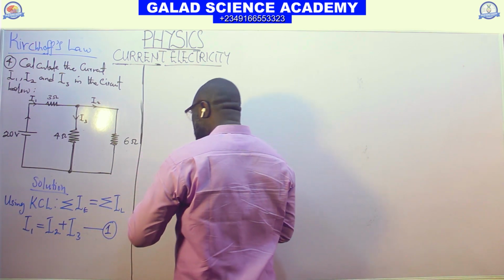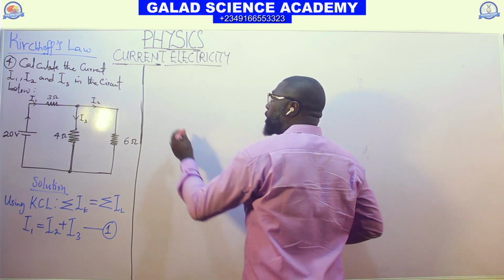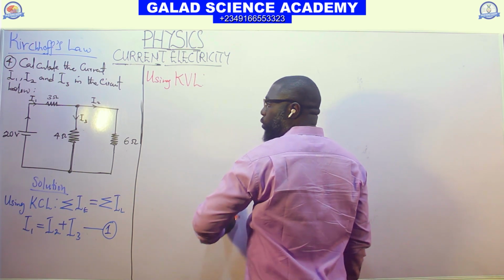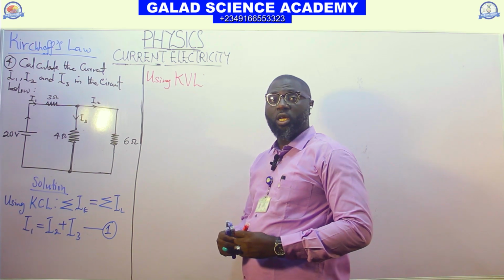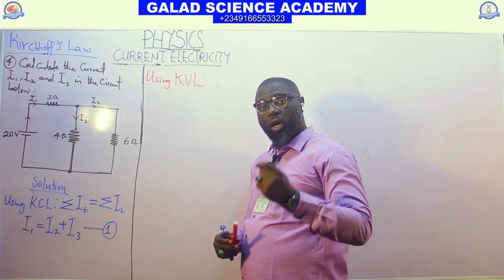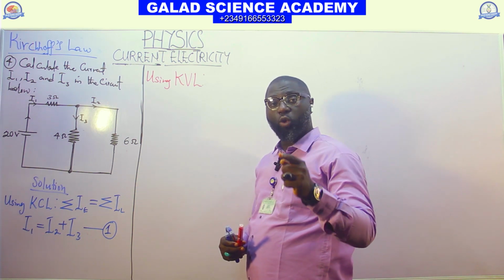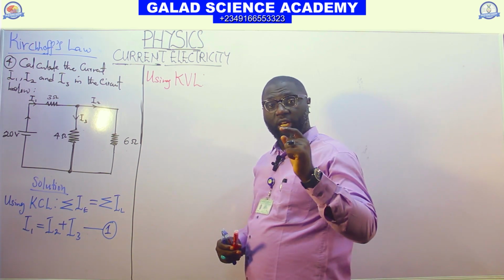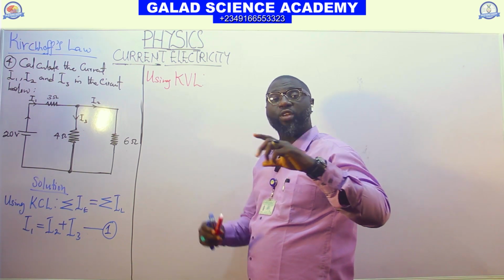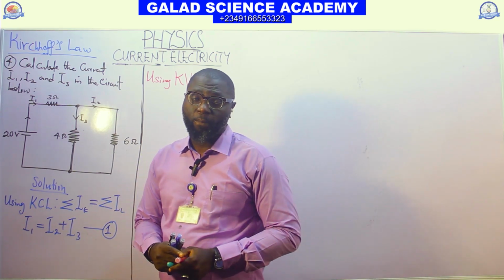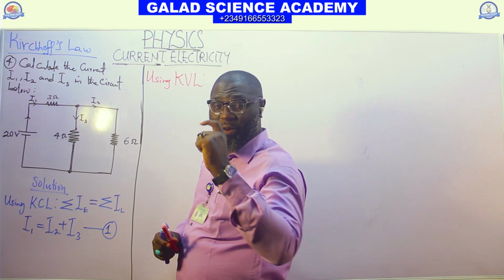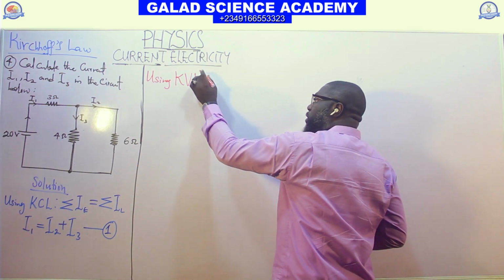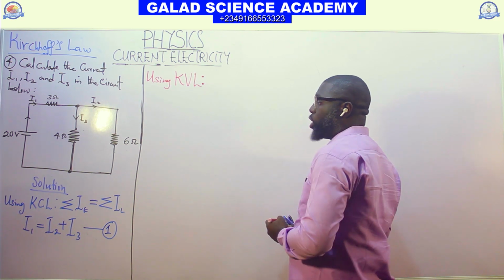We can now say, using Kirchhoff's voltage law, that the algebraic sum of EMF in a closed loop is equal to the algebraic sum of potential differences, or the sum of EMF of the battery is equal to the potential difference drops in the circuit. So using Kirchhoff's second law, KVL.